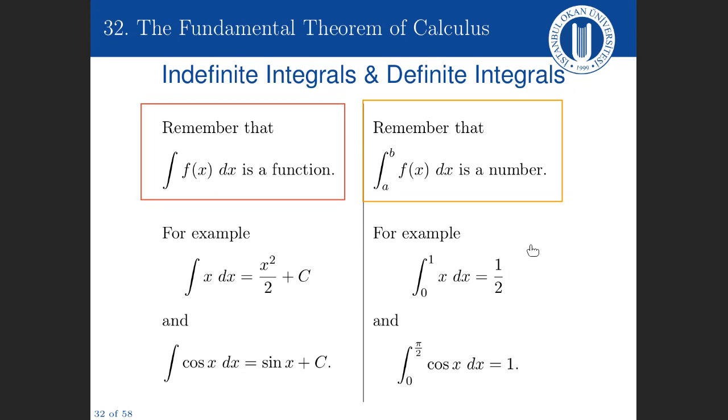I was saying an indefinite integral is a function, but a definite integral is a number. For example, the definite integral between 0 and 1 of x dx is a half, and the definite integral between 0 and pi over 2 of cos x is equal to 1.